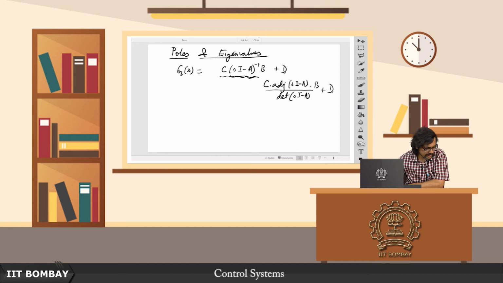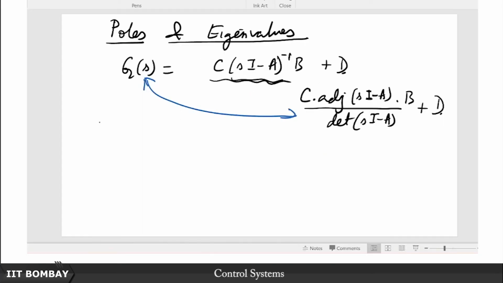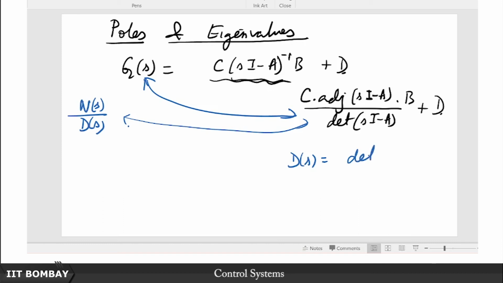Now if that is the case, what can we deduce about this? Notice that this is after all G(s). G(s) we are normally used to writing in this fashion, N(s) over D(s). By comparison, we see that this D(s) is nothing but the determinant of sI minus A, which again has a name.